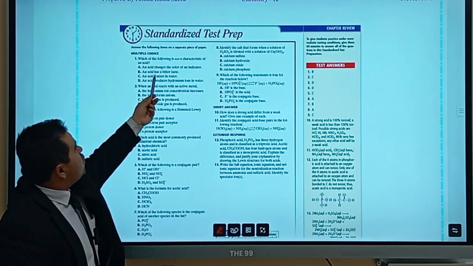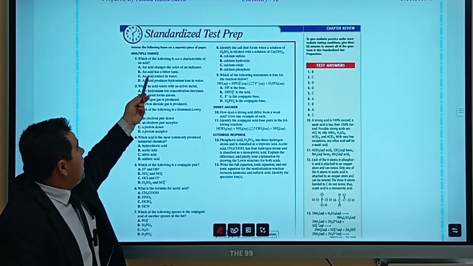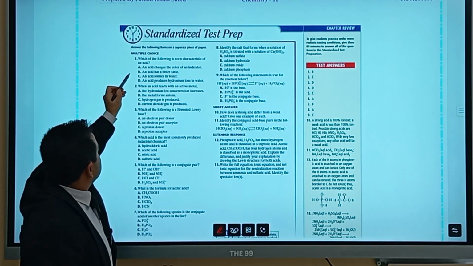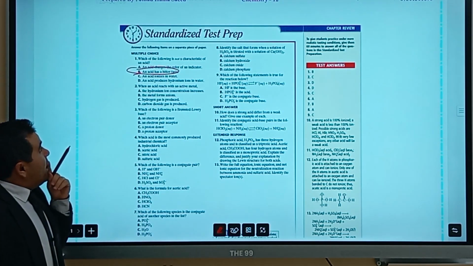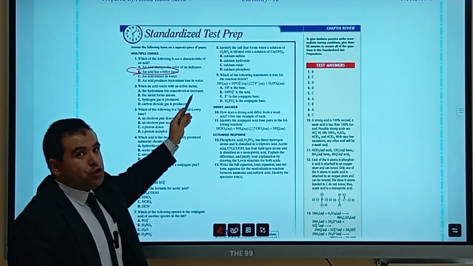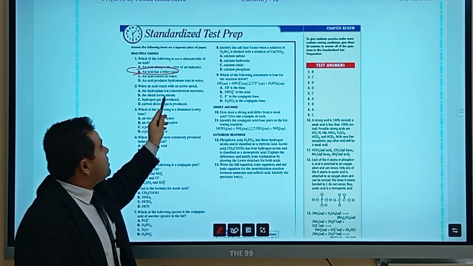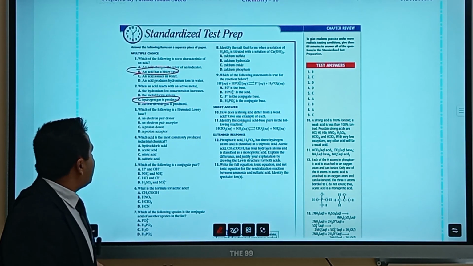An acid changes the color of an acid indicator, that is a characteristic. An acid has a bitter taste? No, so B is the correct answer. When an acid reacts with an active metal, the hydronium ion concentration increases, the metal forms cations, hydrogen gas is produced. C is the correct answer.